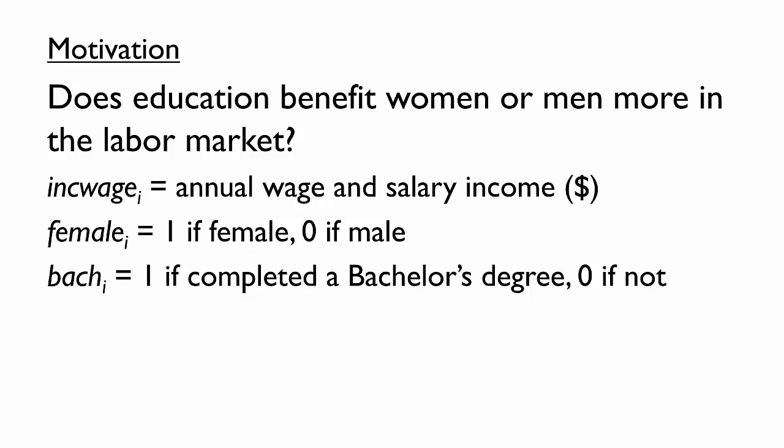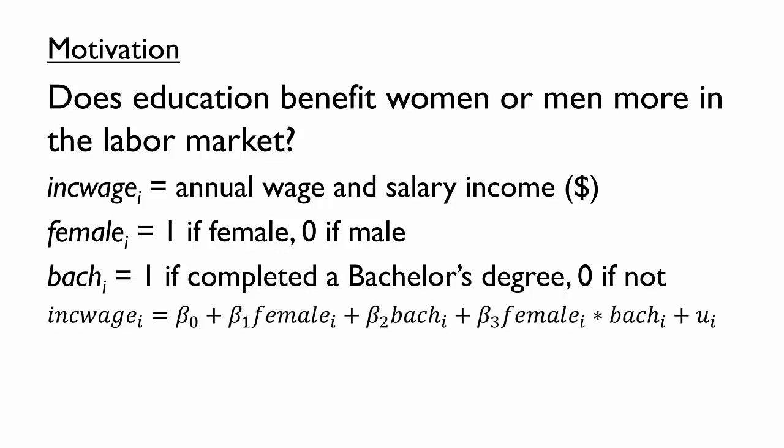Because we are interested in knowing the difference in the benefit of a bachelor's degree for women versus men, let's again use an interaction model that contains the variables for gender and education, as well as the interaction between those variables. One key difference between this model and the previous model is that we have replaced the continuous variable for years of education with a binary variable for having a bachelor's degree.